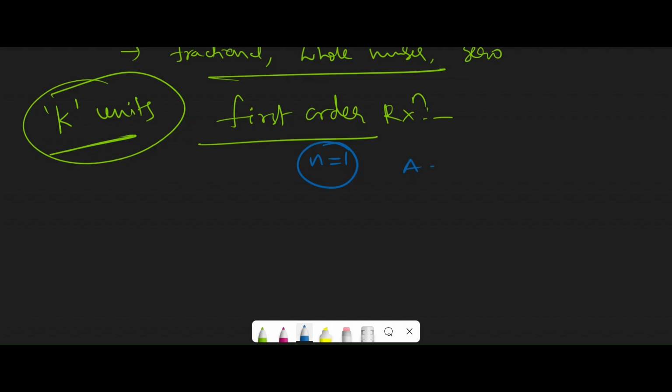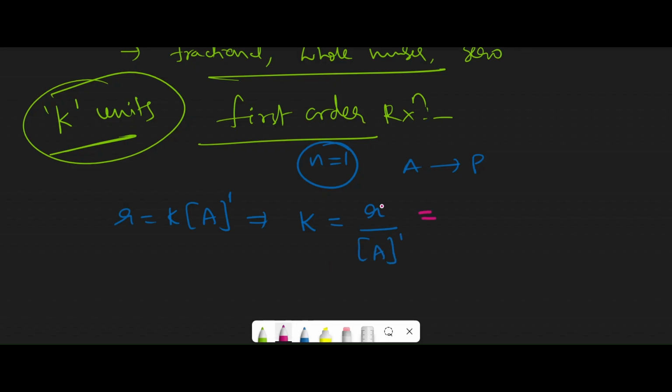Let us assume a reaction A gives rise to products, right? So as per the rate law, I am writing R equals K into A to the power of 1. Clear? Now as per the rate law, we have to calculate the K units. So from this I am writing separately K equals R divided by A to the power of 1.